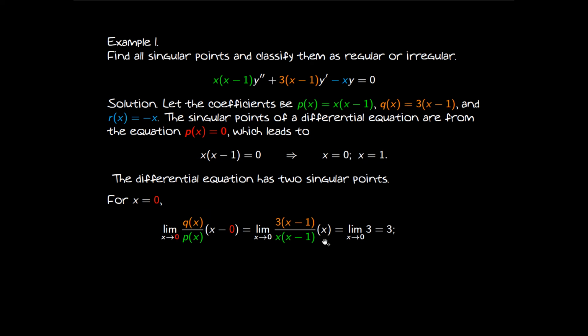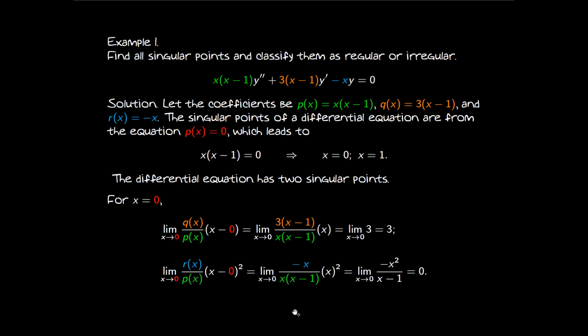For this case, we simply plug all the expressions in and do the corresponding cancellations. The resulting function is just a constant, so the corresponding limit is also a constant, 3.